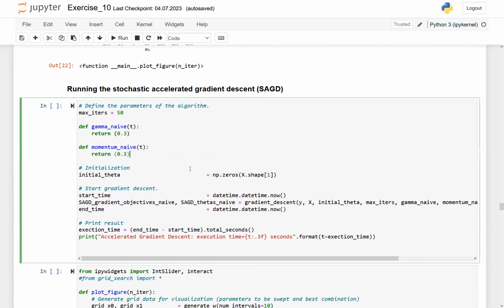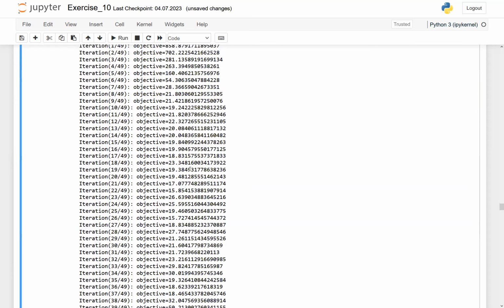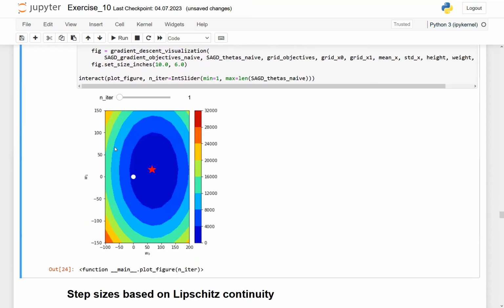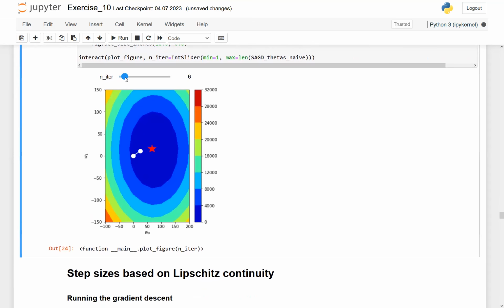What about when we do the stochastic version of the accelerated gradient descent? Here something similar happens. Oh, this was fast. So here you're jumping over it, going even one step further because of the momentum, of course.